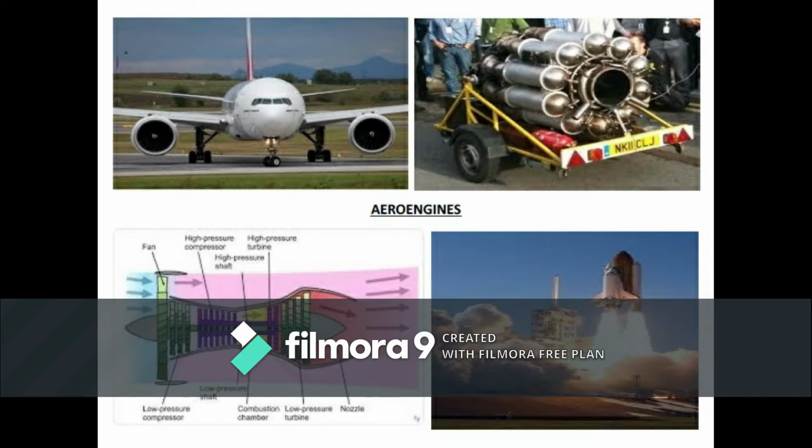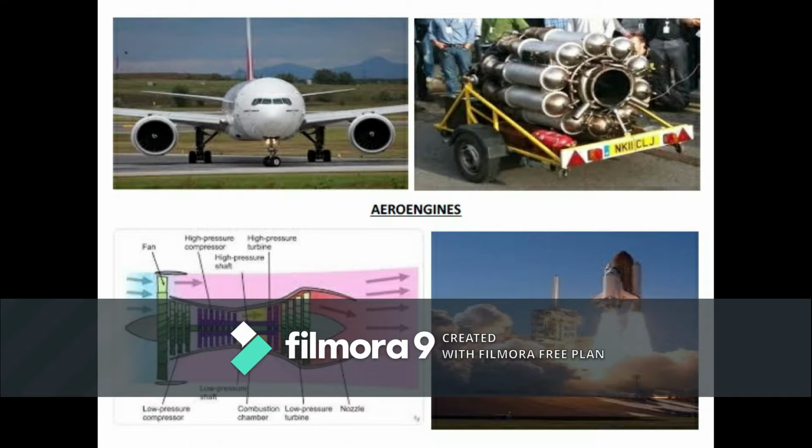So let us see. In my slide, I have already shown the engines which are especially used in aircraft. In very olden days, when aircraft technology was getting developed day by day, only piston engines were used.